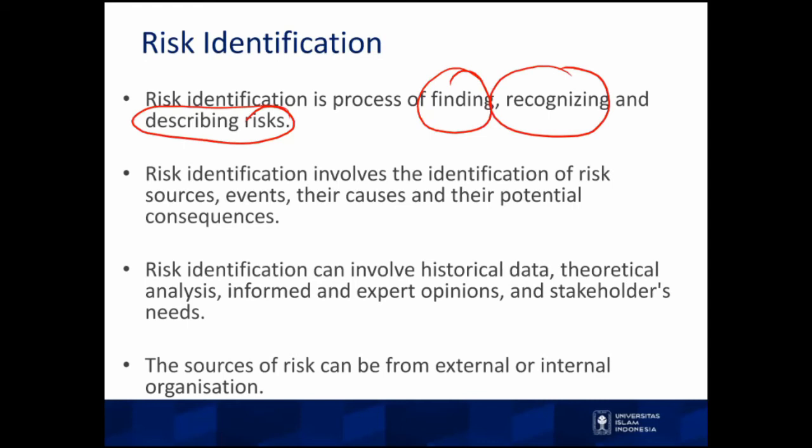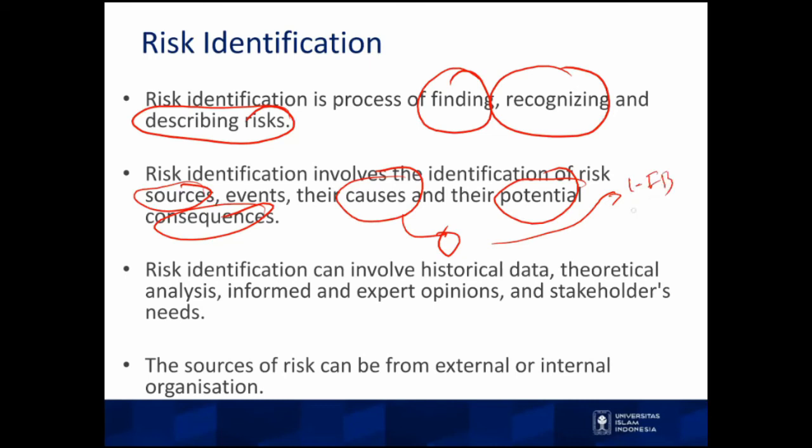After that, we need to identify the source of the risk, the causes, and potential consequences. The way to identify the causes, we can use some tools that you're already familiar with, like fishbone diagram, or you can use FMEA, or you can use 5 whys, for example.